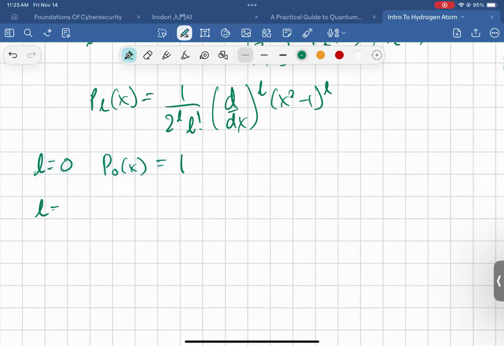Okay, now for L equals 1, then we have P1 of x, okay, equal na ito sa 1 over 2 to the 1, okay, and then 1 factorial, so 1 half. And then yung first derivative, okay, ng x squared minus 1.